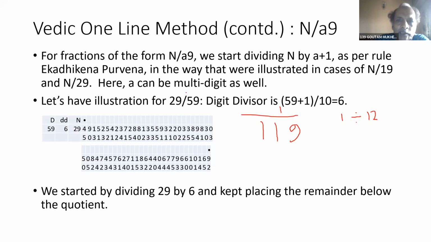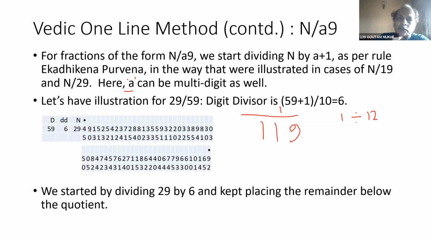So it can be multi-digit, as I told. Here this A can be like this. A can be multi-digit. So 29 by 59 will be like this. The divisor is 6, so I start with 29 divided by 6, comes to 4 and remainder 5. And then it becomes 54.